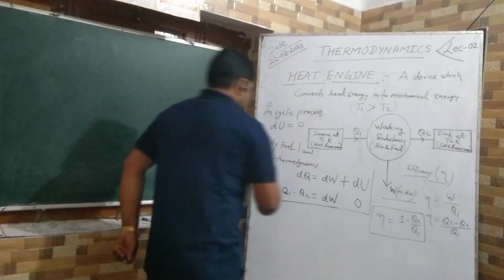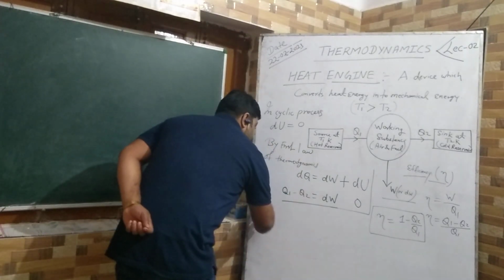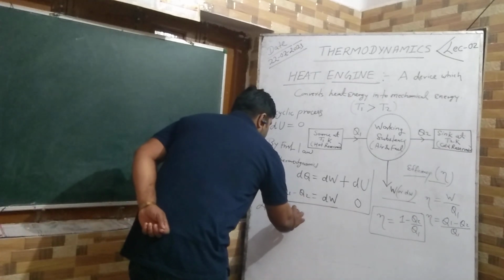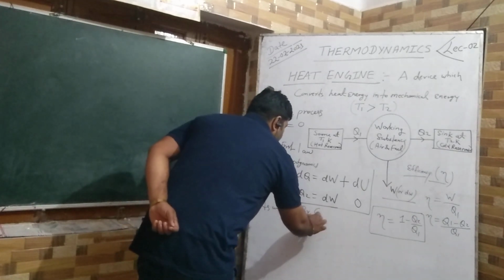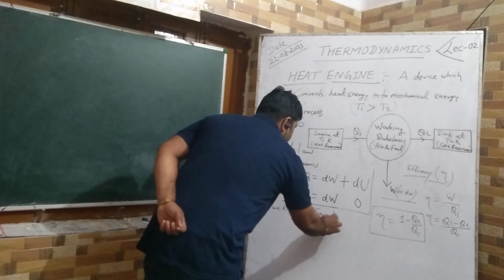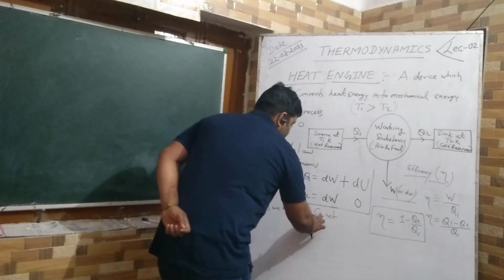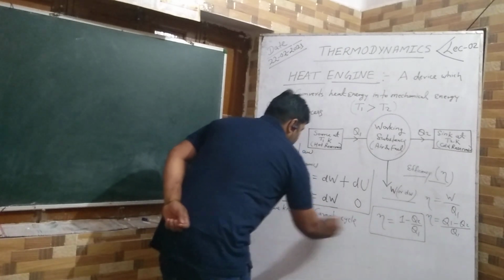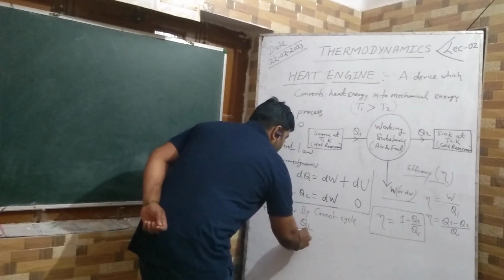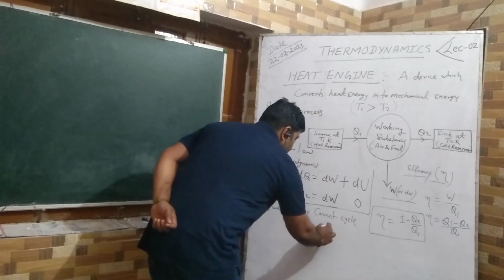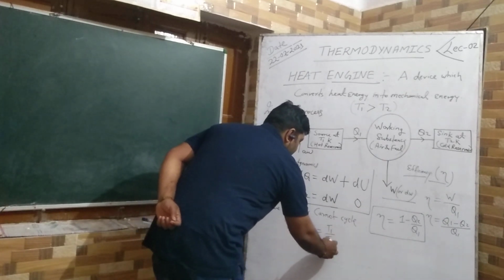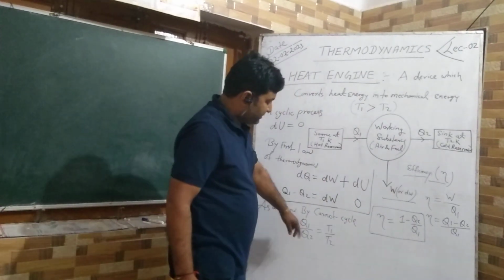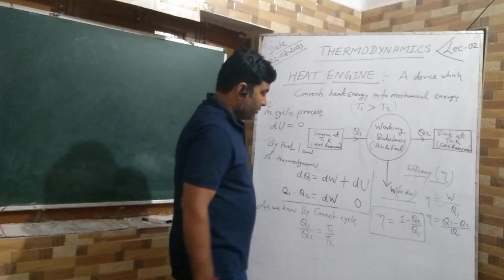As we know by the Carnot cycle, Q1 upon Q2 is equal to T1 upon T2, and we have to utilize Q2 upon Q1, so this must also be reversed, T2 upon T1.